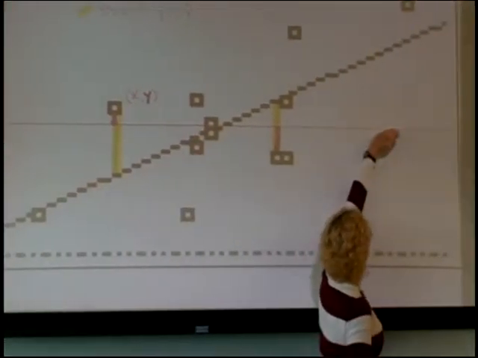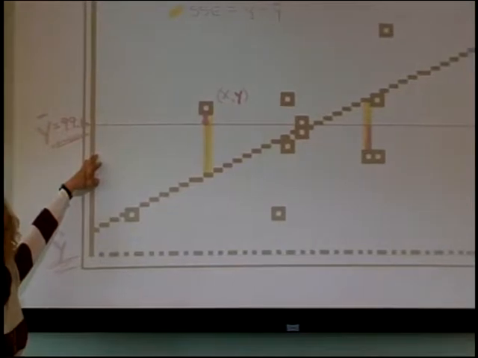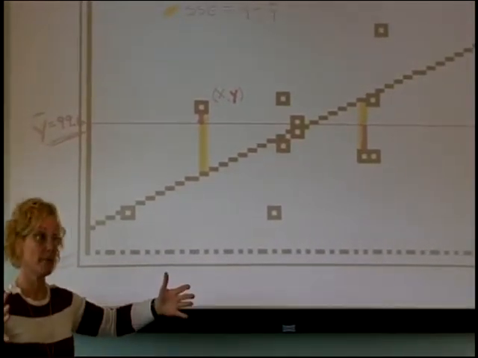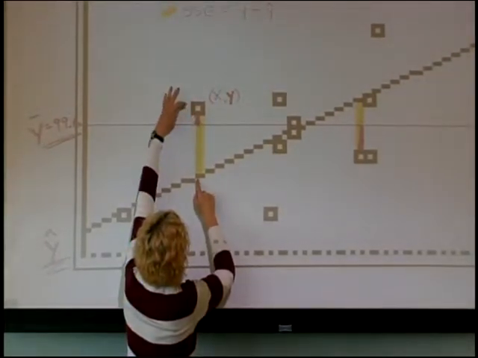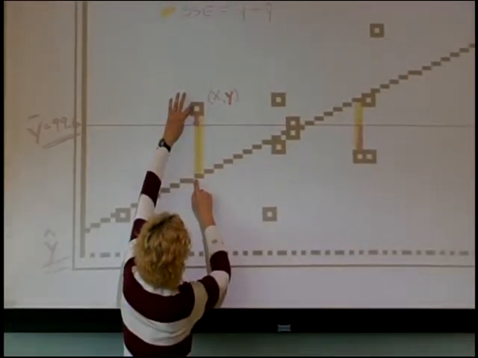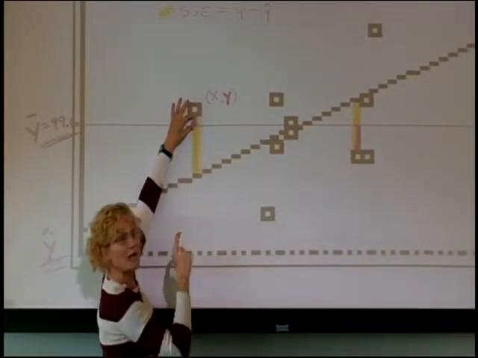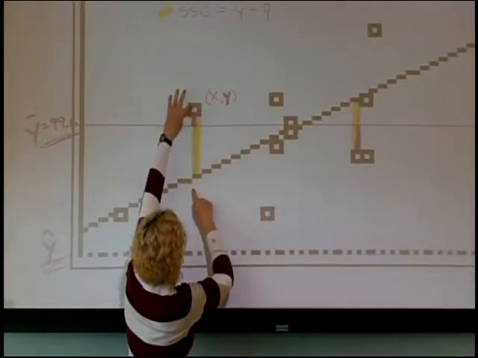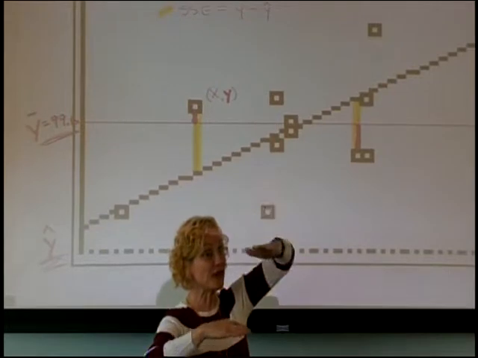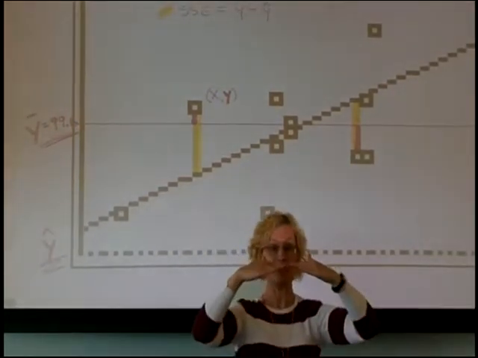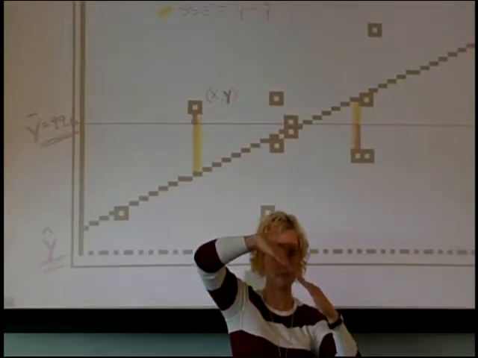So that would just be this horizontal, kind of pinkish line you see, okay? We want to do better. So how much of the vertical distances between each point and the line, relative to the vertical distance between each point and the regression line, how much does that get reduced when we take this line and turn it into this line?